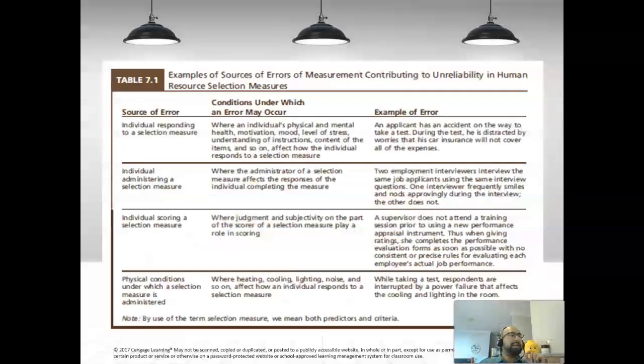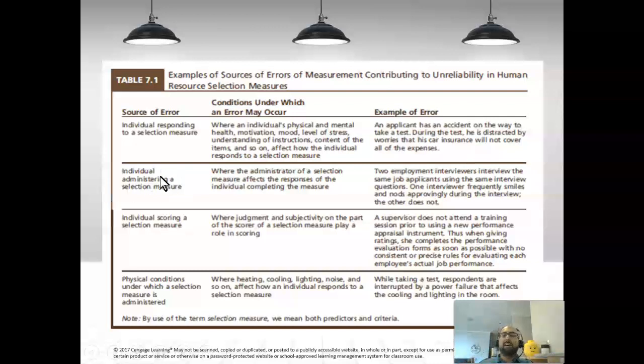Now, what can contribute to inconsistency, class? There are a range of factors that can limit the reliability of a measure. Noise can come from many places. It can be noise due to the job candidate. Their physical and mental health, motivation, level of stress, etc. all affect the reliability of the measure. Here's an example. The applicant got into an accident on the way to the test, and so they're distracted during the interview process.